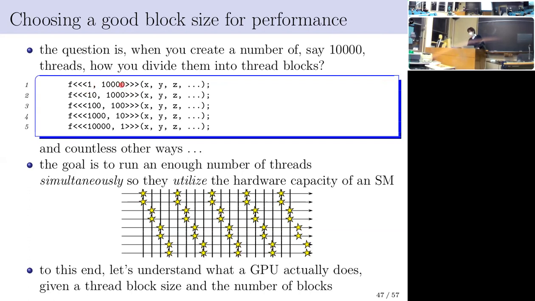You could arrange things in this way, or the other extreme, like we did in the experiment, you could have 10,000 different thread blocks, each having only a single thread. And there are so many ways in between, right? So which one is the most appropriate, in terms of the performance?